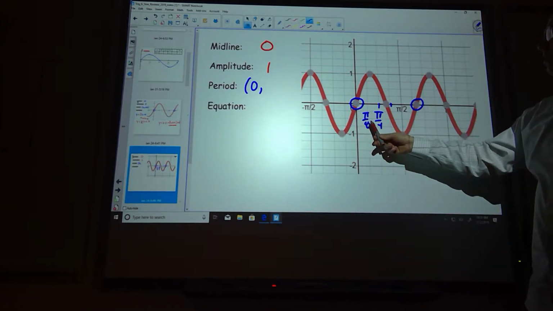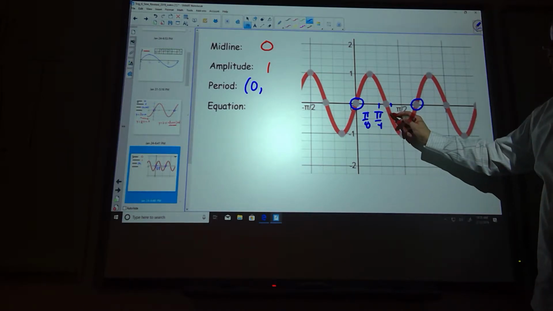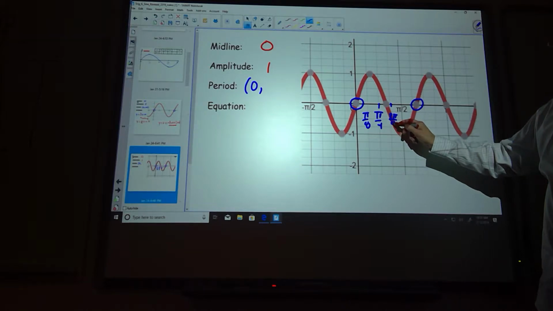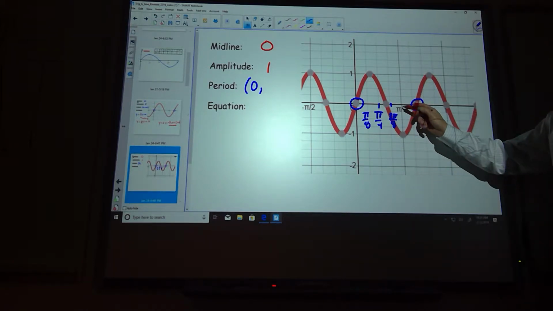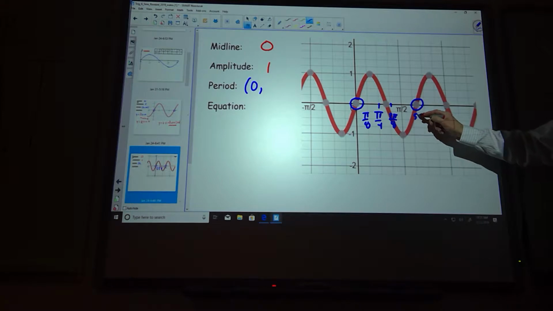So 0, pi over 8, and then this is 2 pi over 8, then this should be 3 pi over 8. And this is 4 pi over 8, which reduces to pi over 2. So this point here has to be at 5 pi over 8.